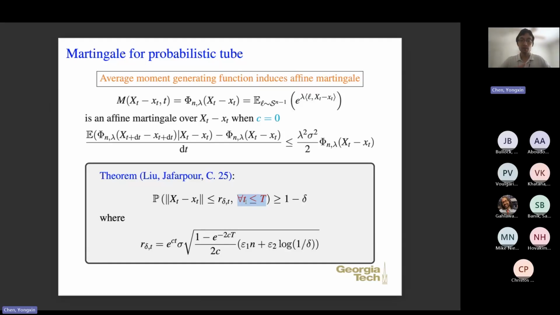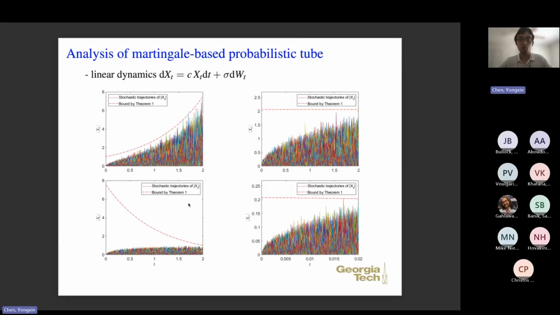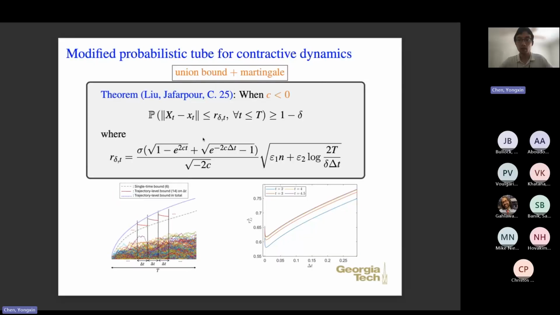So the event is defined on the trajectory level. And this is just to show you the result is tight, almost the same as Monte Carlo. There's a small technique we need to use to make the result even stronger. I will skip this; the details can be found in the paper.